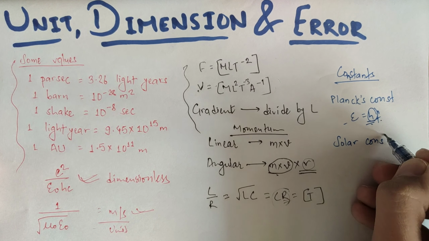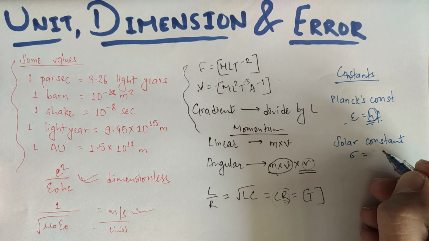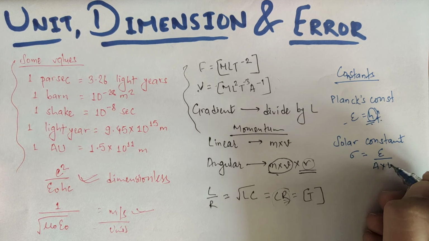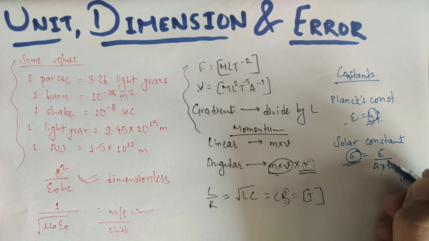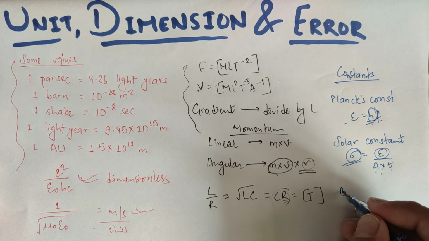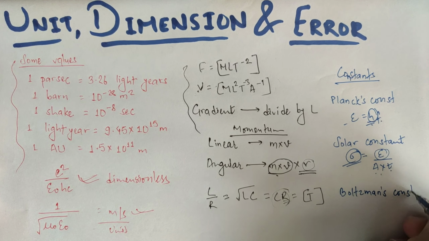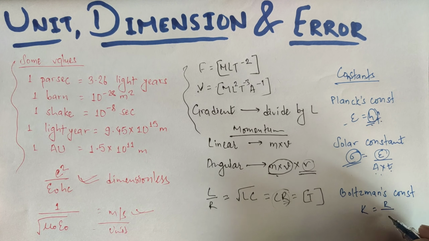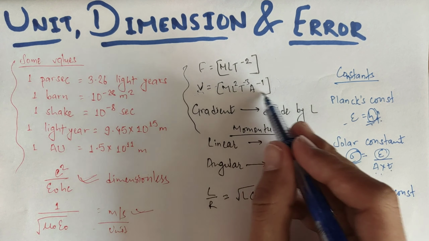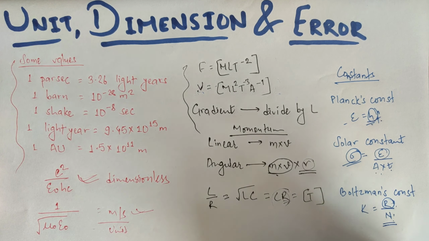Solar constant is equal to energy by area into time. Then we have Boltzmann's constant, k is equal to R by N, resistance per mole, where R is the gas constant. From here you can find P is equal to IR, and then you will find R, and then divide by mole to get the Boltzmann constant.